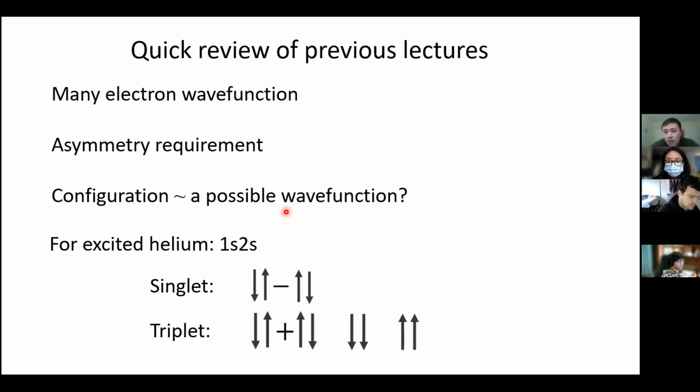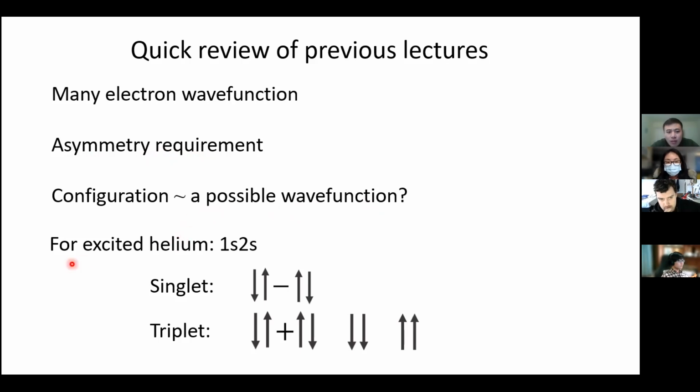In some cases, they have direct correspondence, but not always, right? So last time we mentioned that our configuration or electron occupation diagram does not necessarily mean it's a valid wave function, because sometimes it doesn't really satisfy the asymmetry requirement.